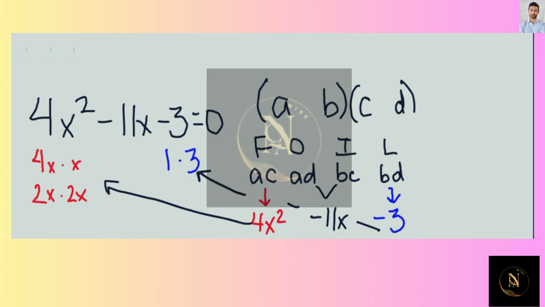When we multiply these first two, they have to equal 4x squared. And you'll notice that this is going to come from these factor possibilities, and that this is going to come from these factor possibilities. Now, how do we figure out which ones to use?